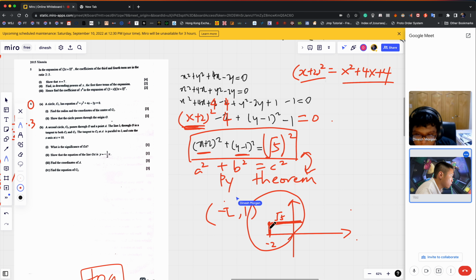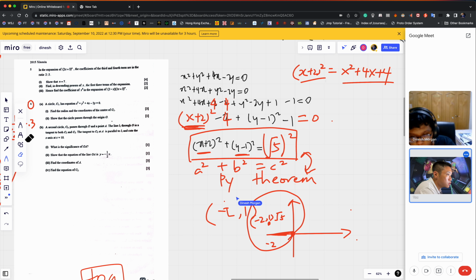So this is your minus 2, and then 1, right? This is the origin, so you use the origin 0 minus the 2, so that would be this.